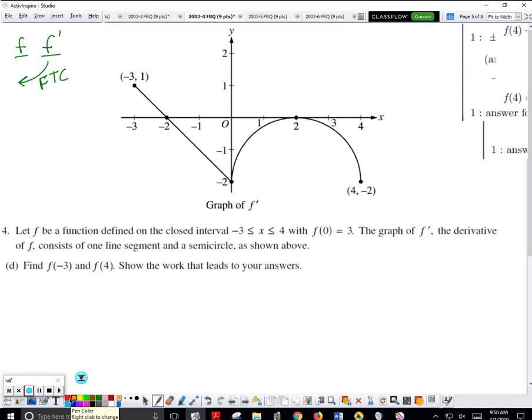This idea is the most heavily tested idea on the entire test. The idea of using the fundamental theorem. So I know f, so I'm trying to find this, and I know this. So that means I want to integrate from 0 to -3. But I prefer not to integrate backwards, so I'm going to go -3 to 0. So take the integral from -3 to 0 of f prime.